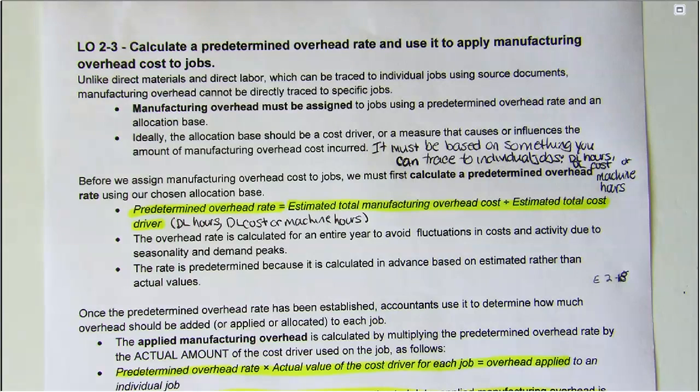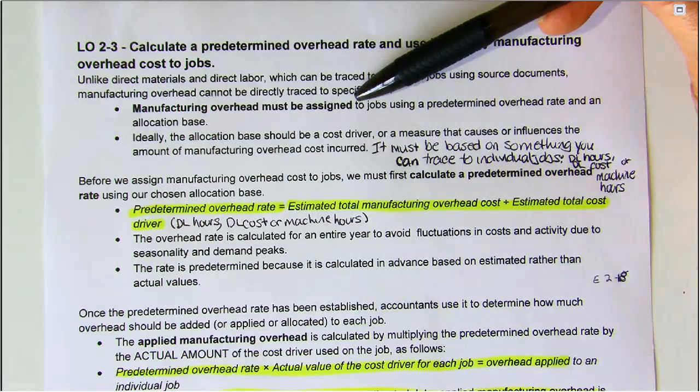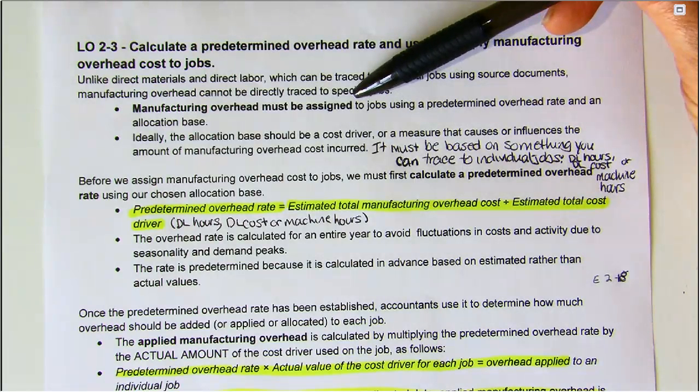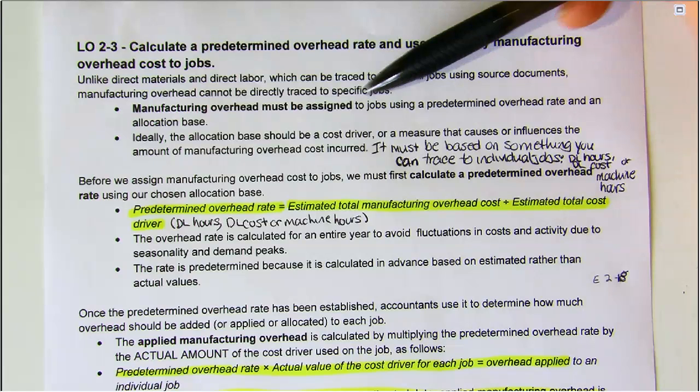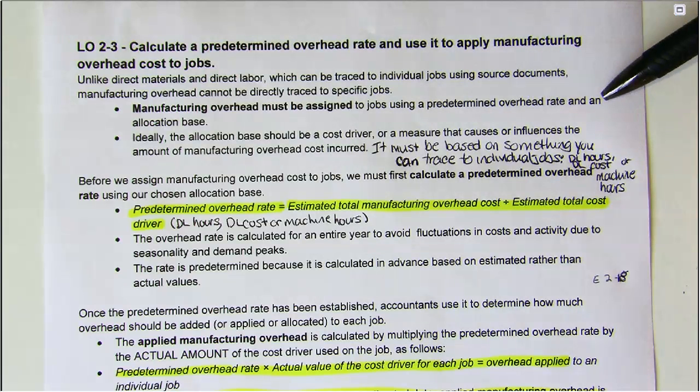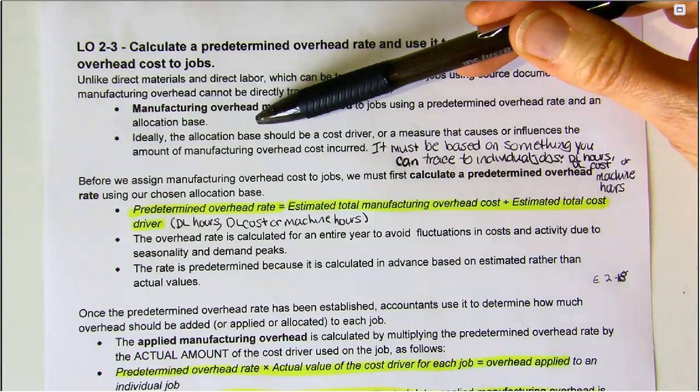It consists of indirect materials, factory rent, factory depreciation, factory insurance, etc. These things cannot be directly traced to the job. So manufacturing overhead must be assigned or allocated to jobs using a predetermined overhead rate and an allocation base.